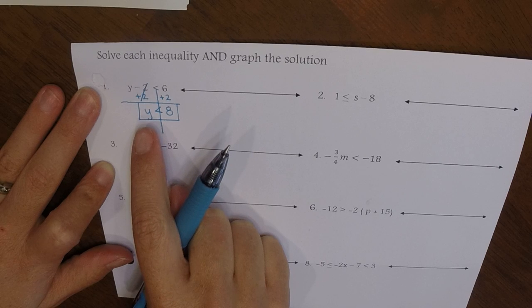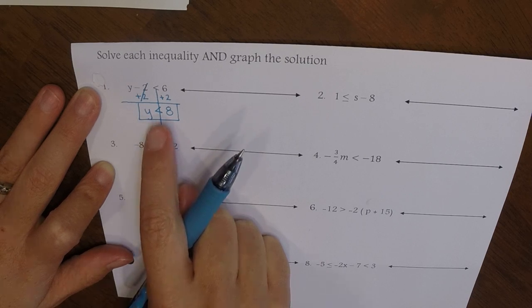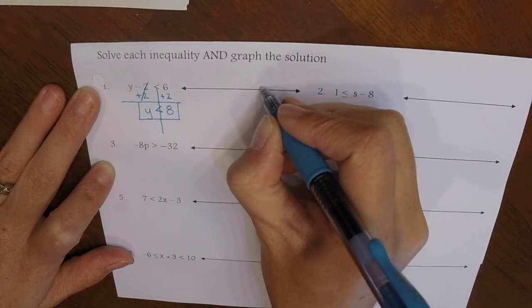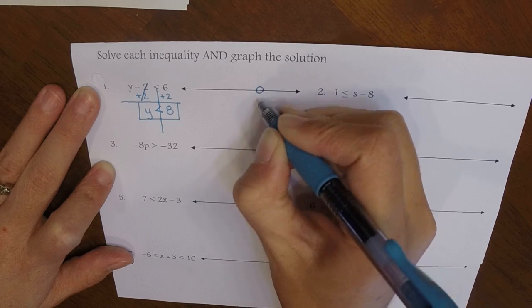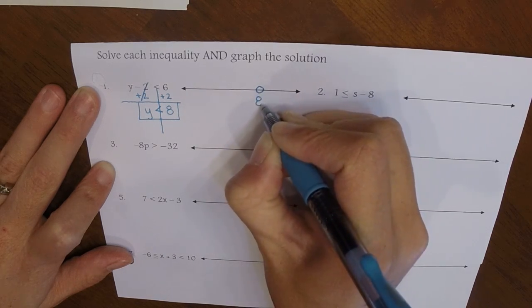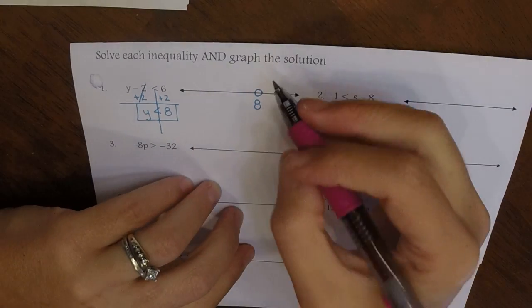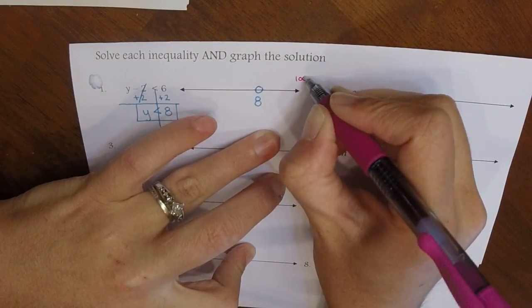So to graph that, remember we look at the symbol first. Is it going to be open or closed? Well, since it doesn't have the solid bar, we would say that it's open. So on our graph, we would put open, and then we always label it whatever our answer is. And then we could go ahead and put our test number up there. So as always, I'm going to go ahead and use 100.